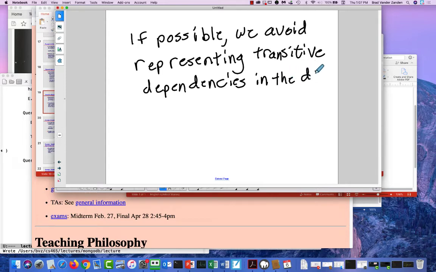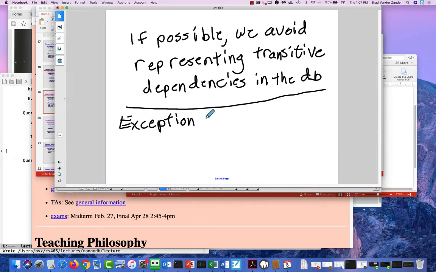Now there's an exception. What is the exception? You don't have to remember it, but it is useful. When they're needed to fix a chasm trap.